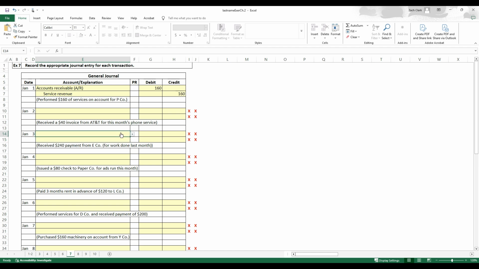I'll do this one real quick because we didn't see this on the last portion. For receiving payment from a customer for work done last month, this is going to be the cash that we're receiving. But remember, when we performed services previously and recorded the revenue, we would debit our accounts receivable to increase it. Now we're receiving the cash, so that placeholder of accounts receivable will go away, because we don't want any accounts receivable left if we've already received that amount.